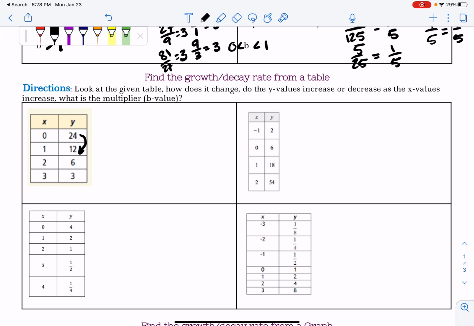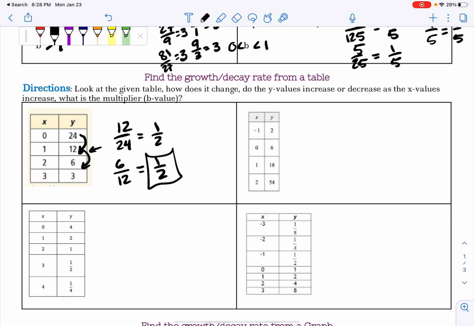The other strategy is to take this number, divide by the number before it. 12 divided by 24 equals 1/2. In other words, 24 times 1/2 should equal 12, which it does. Again, we take the next one, 6 divided by 12, which simplifies to 1/2. So our multiplier or our b value here is going to be 1/2. That's how we get from one number to the next in the pattern.